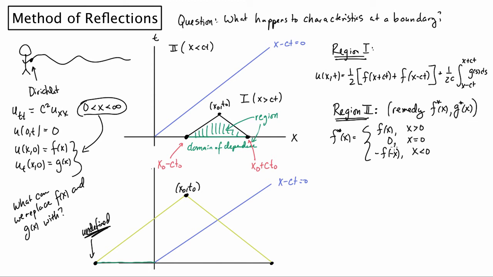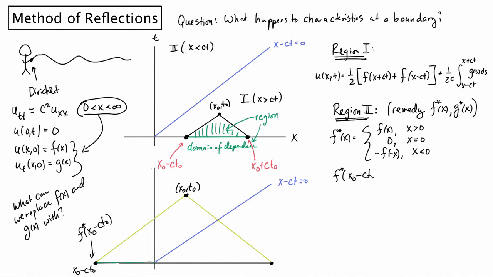So if we use the odd extension instead, then this value over here is no longer undefined. It's just going to be the value of the odd extension at the point. So this point here would be x naught minus ct naught. But look at how we've defined that.